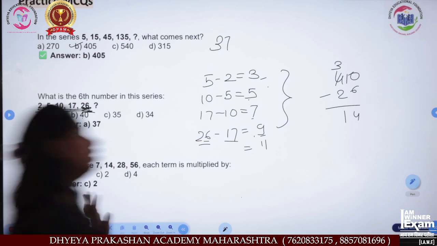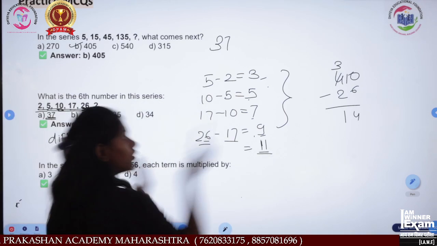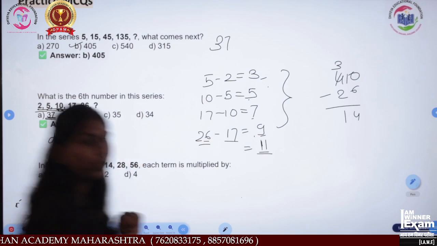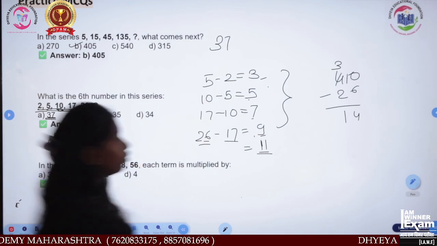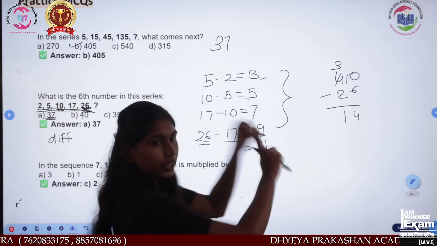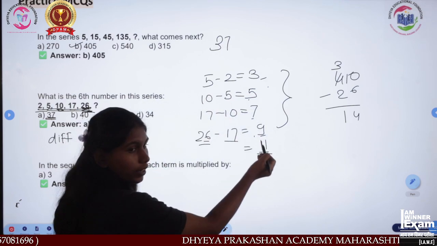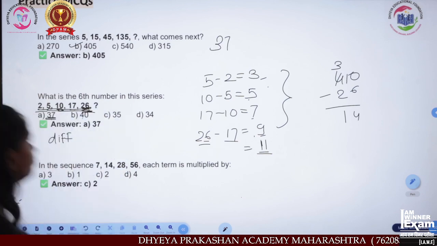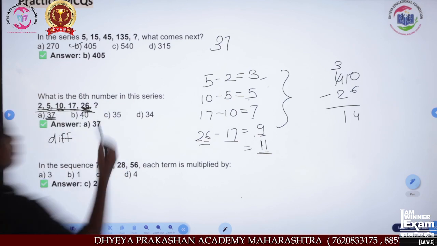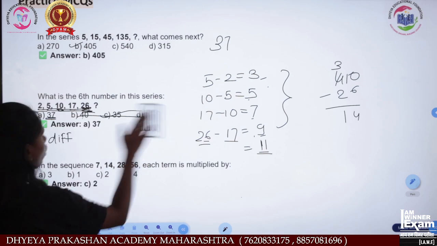But what do we need here? 11, right? Because if you follow this pattern, the difference is increasing by 2, like 3, 5, 7, 9, 11. So we want 11. The others are all wrong answers.